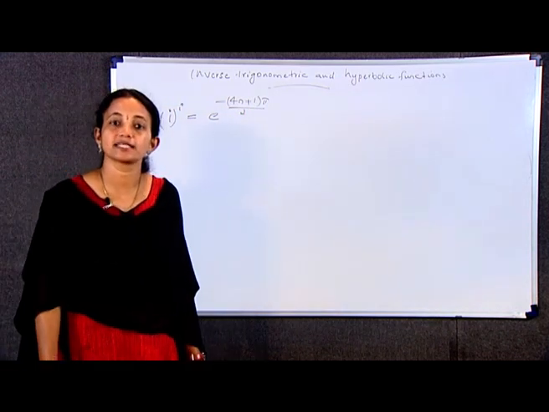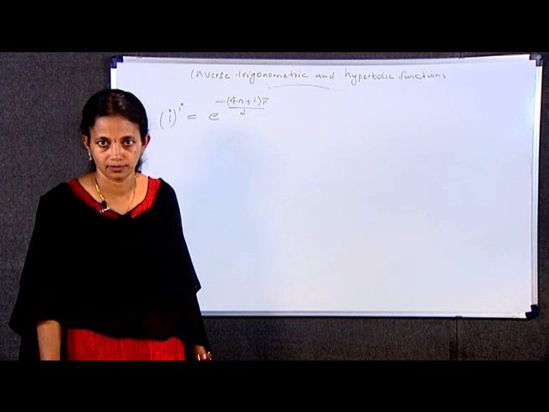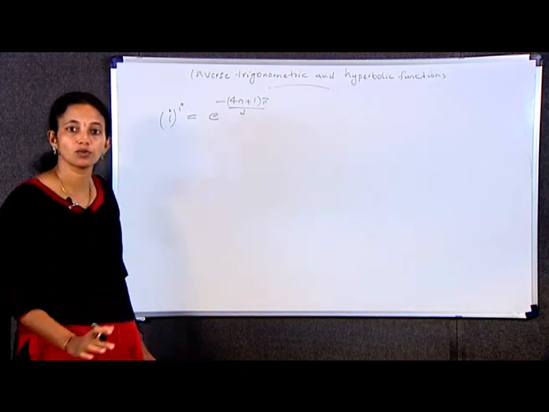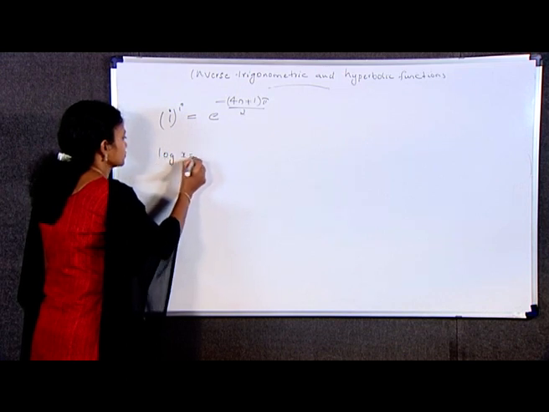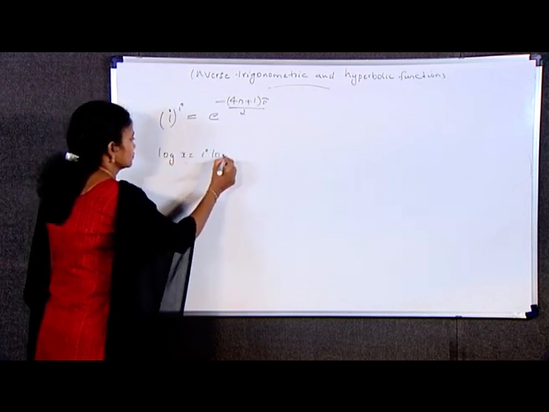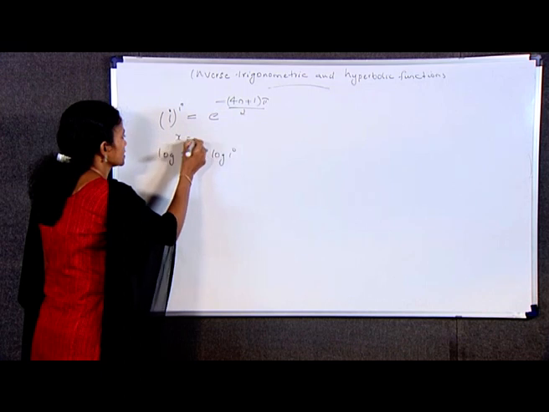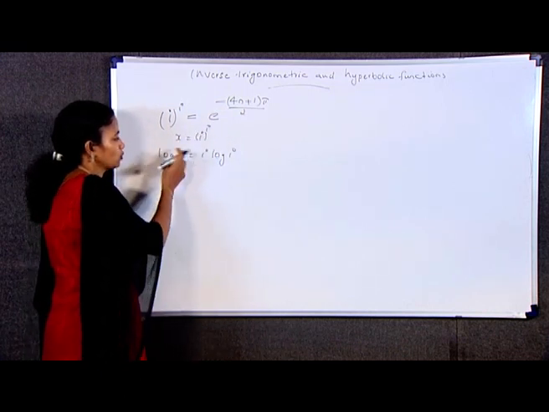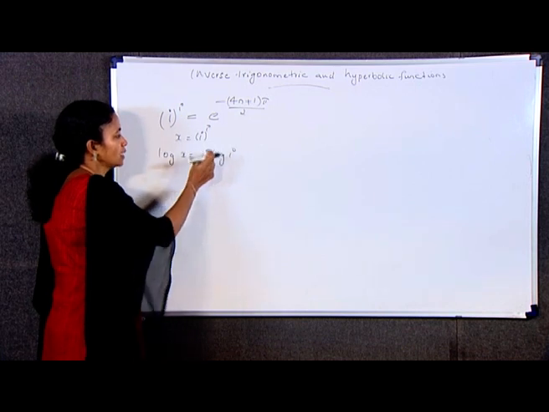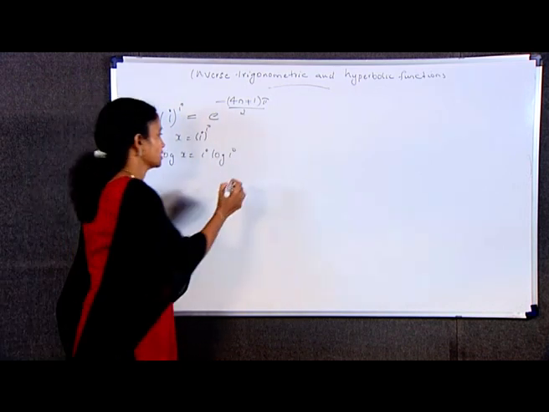Here let x is equal to i raised to i. Taking logarithm on both sides, we have log x is equal to i log i. Mark it as equation number 1.